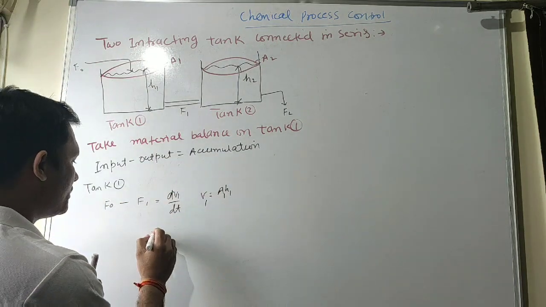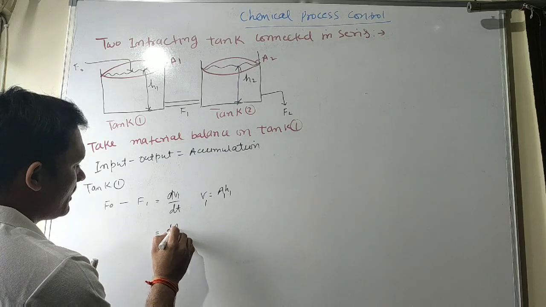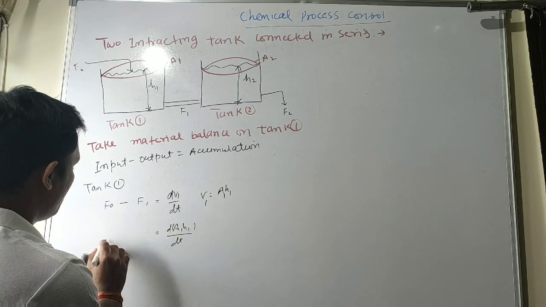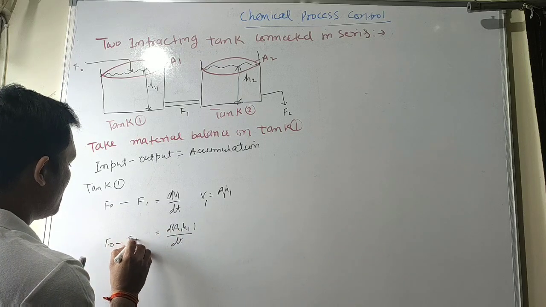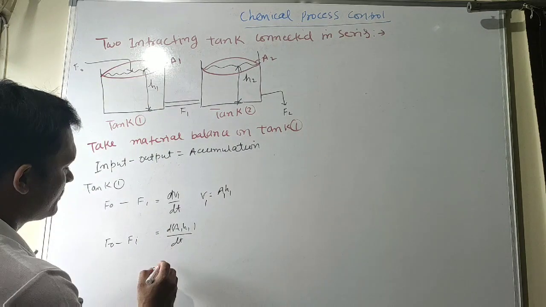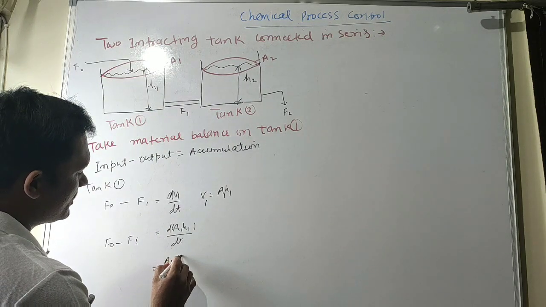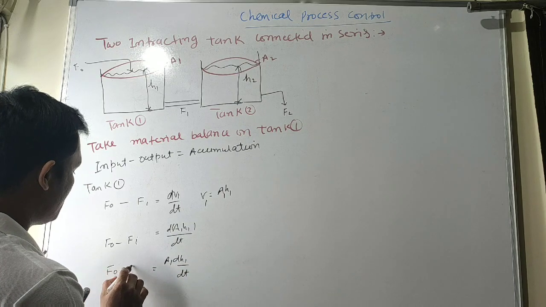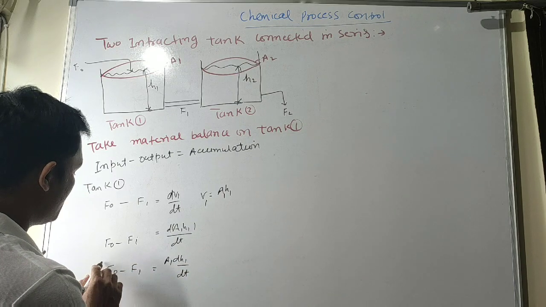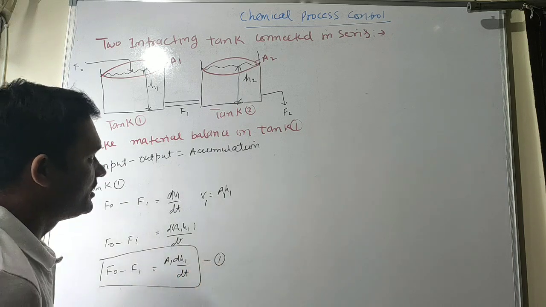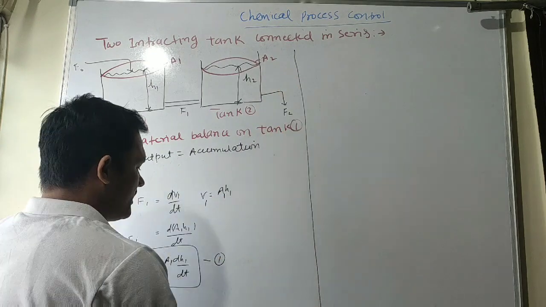So it becomes A1 H1 upon dt, where A1 is constant throughout the height, so it will come out of the differential and it will give us F0 minus F1 equal to A1 dH1 upon dt. This is equation number 1.